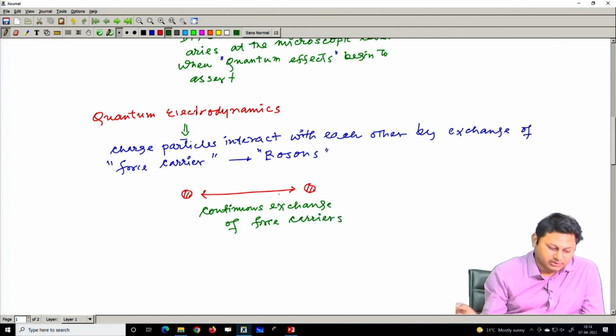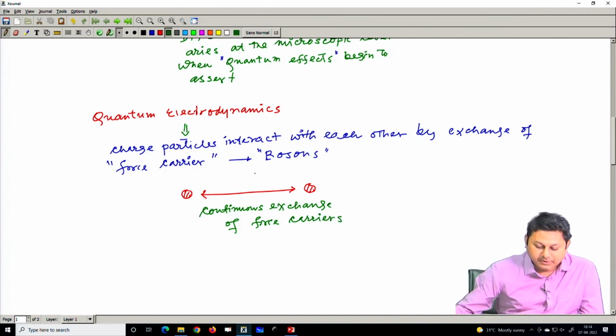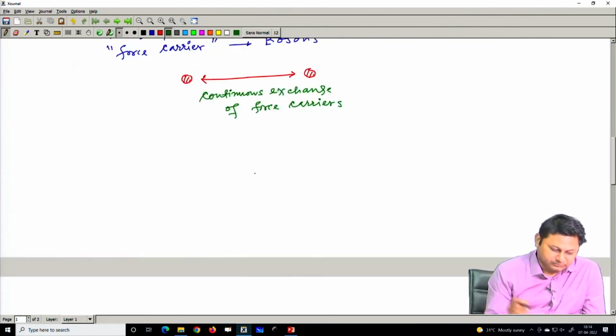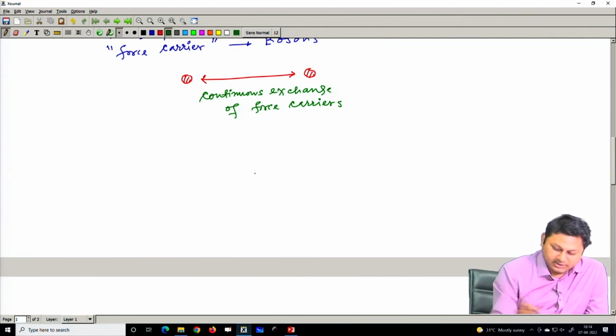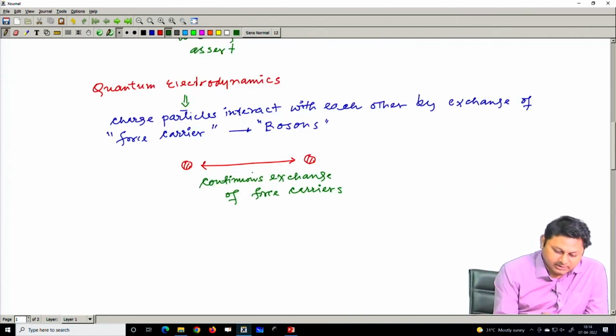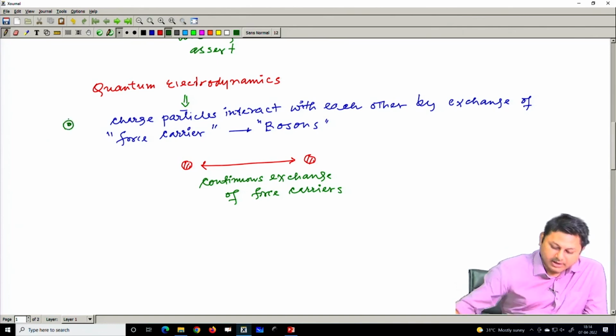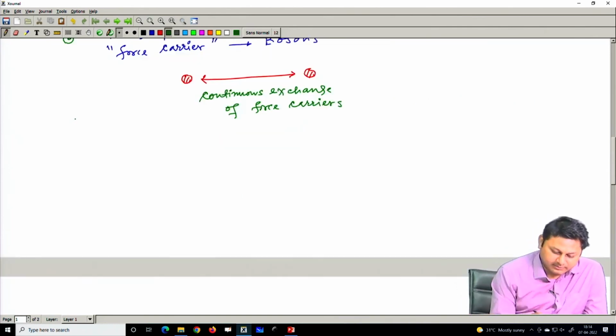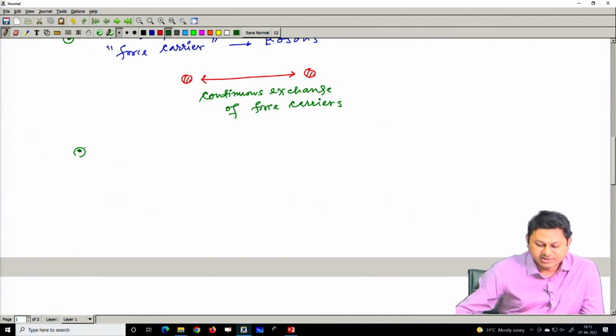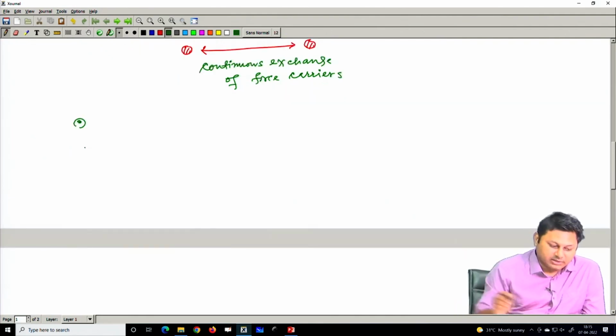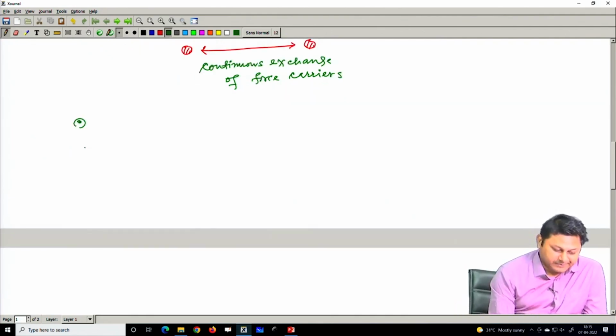In the form of bosons. So, now for another thing we need to, so this is one thing, and another thing is, if I try to understand this very crudely, this is a very crude statement we are making, just to try to understand what happens at the quantum level.